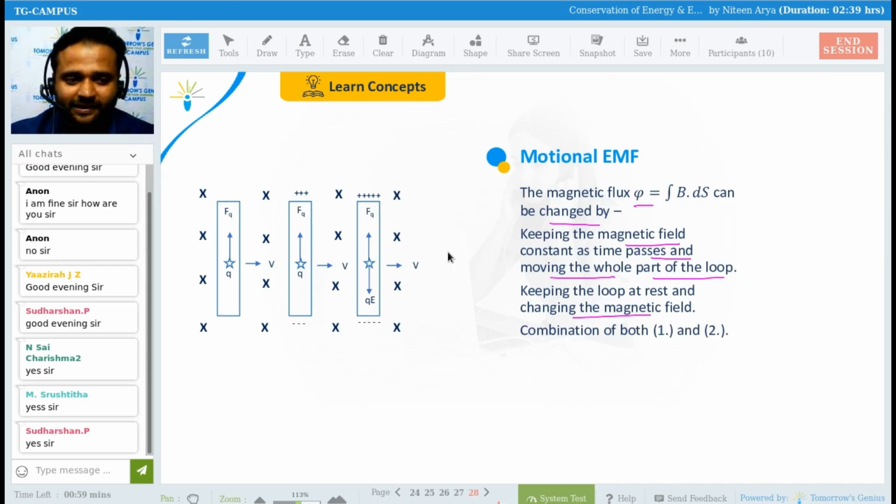Read this line again after the lecture. I'm going a little quickly, but it is important. There are two ways to get the EMF: relative motion. Either I can move the conductor or I can move the magnetic field, or a combination of both. Is this clear?